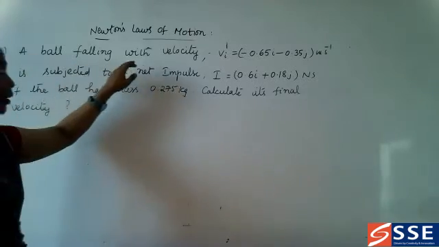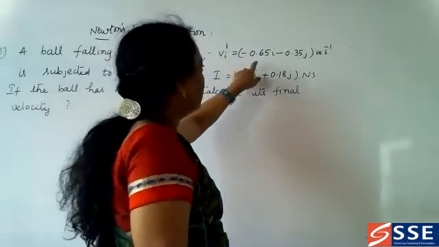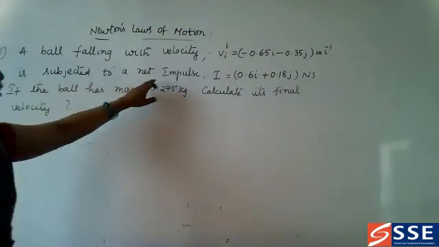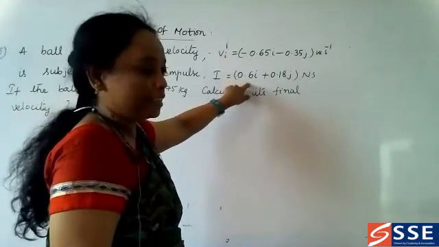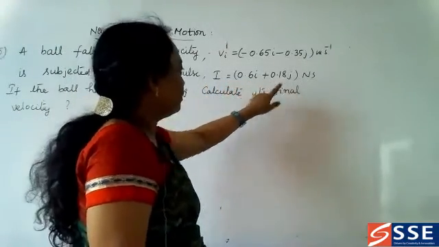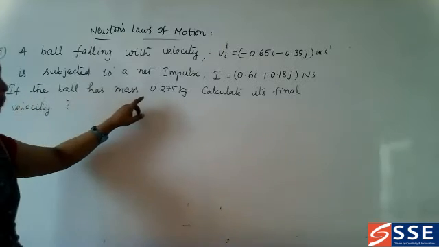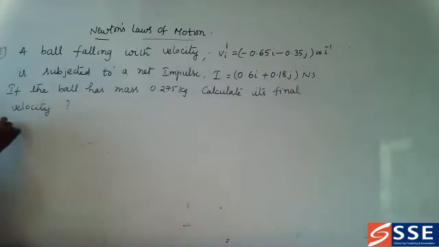A ball is falling with velocity Vi given in terms of i and j. Next it is subjected to a net impulse of 0.6 i plus 0.18 j. The ball has a mass of 0.275 kg. So how do you calculate this?